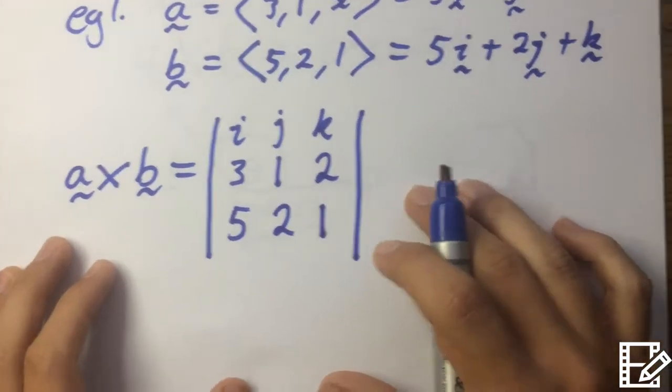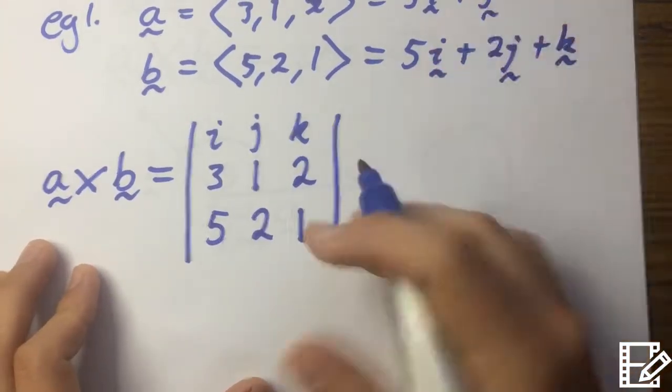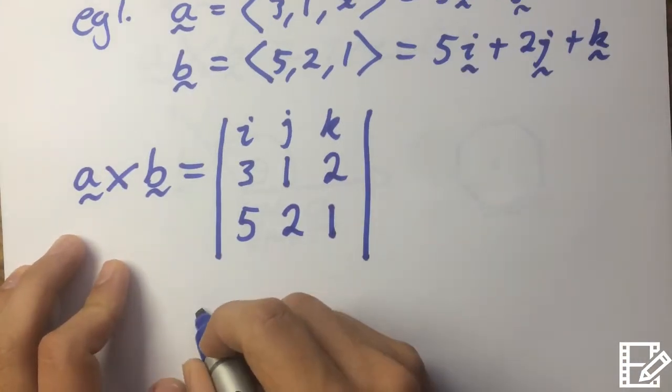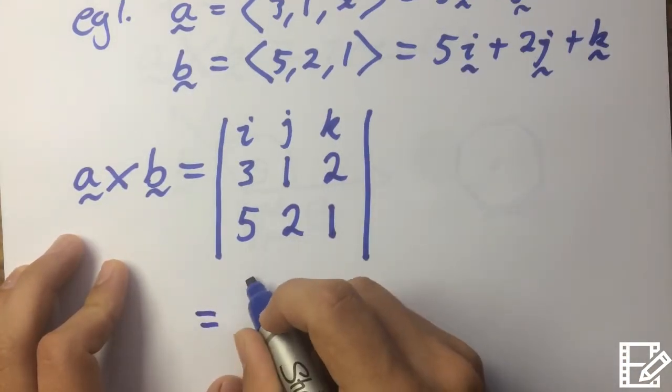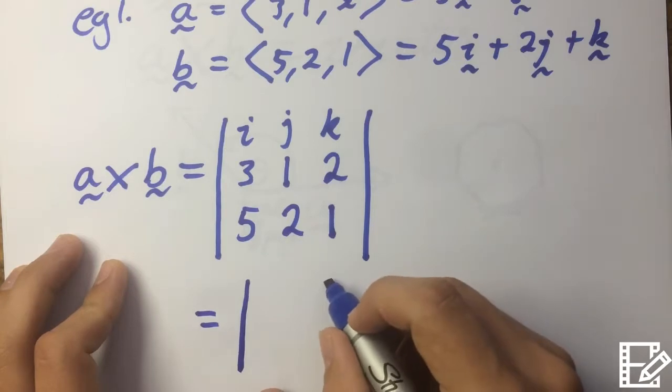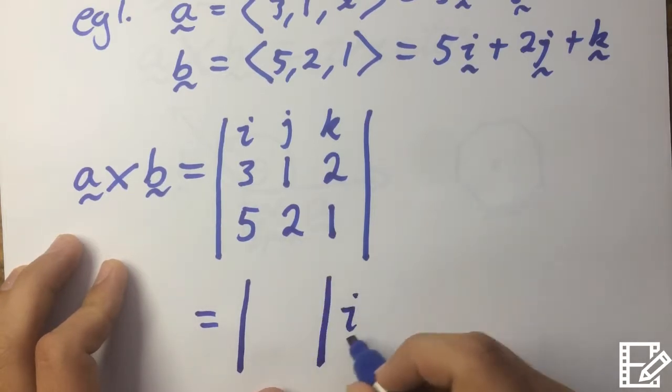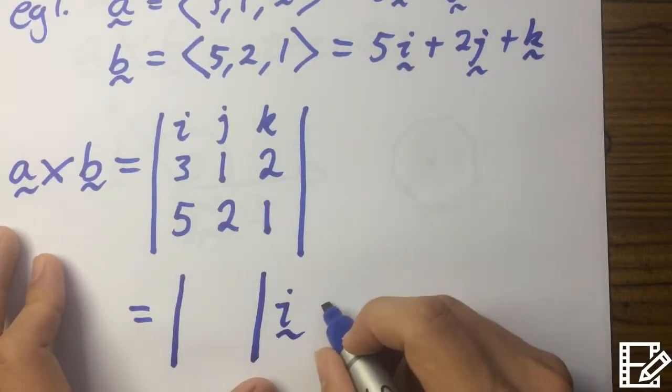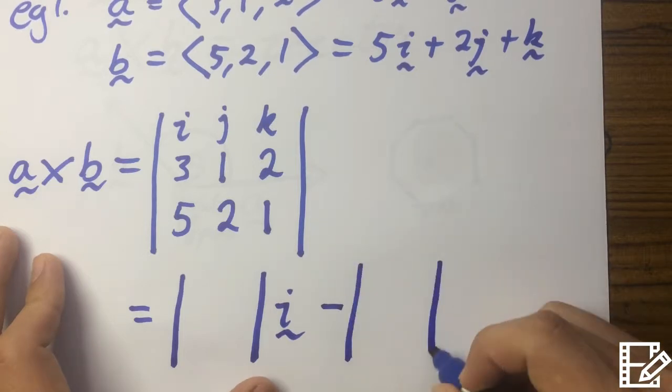Okay, now here's the bit where people usually get tripped up. This and the next bit. So you basically separate them into the components.